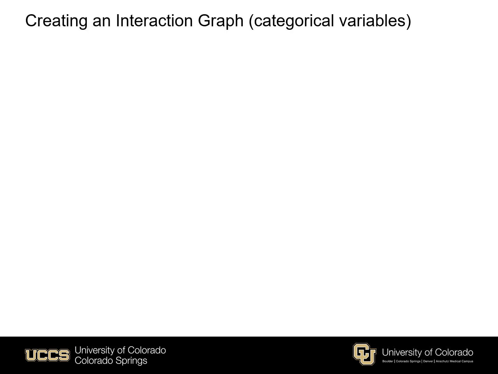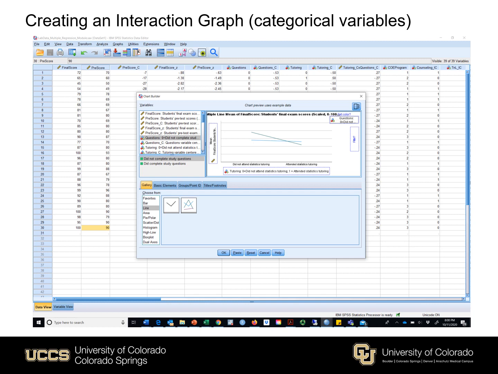In addition to looking at main and interaction effects by inspecting descriptive statistics, we can also learn a lot about those types of effects from a graphical standpoint. What I've revealed on the slide is a screenshot of the chart builder menu, which I accessed from the graph pull-down menu.